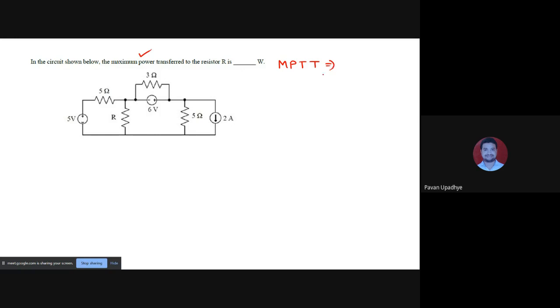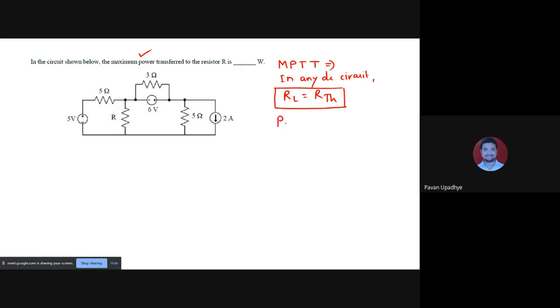What does the maximum power transfer theorem tell us? It tells us that in any DC circuit, maximum power can be transferred to the load resistance RL only if RL is equal to the internal resistance of the network, which in other words is the Thevenin resistance of the network.